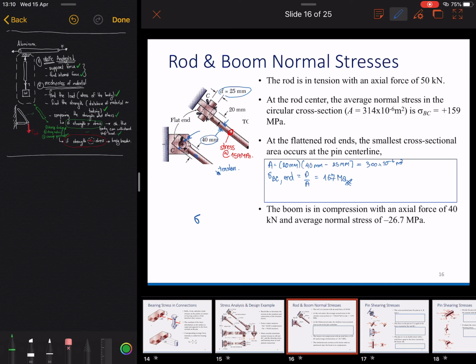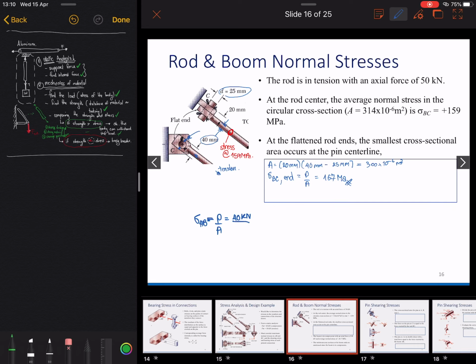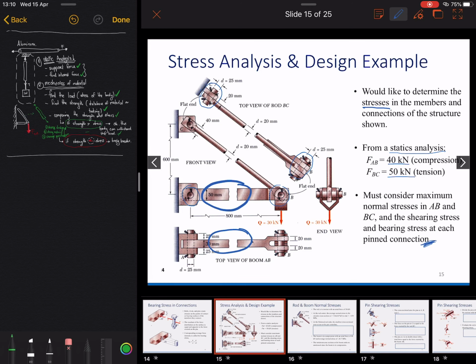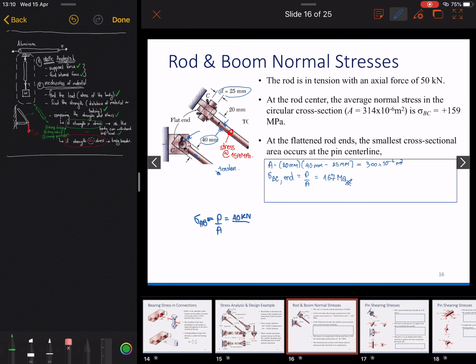The stress in AB is also P over A, where P is 40 kilonewtons and the area is 30 multiplied by 50 millimeters square. Then at the end you will get 26.7.